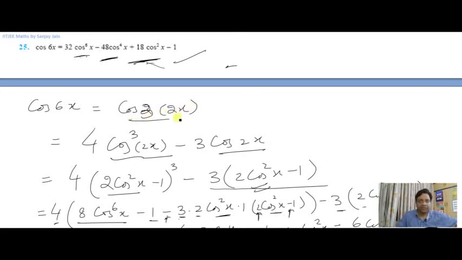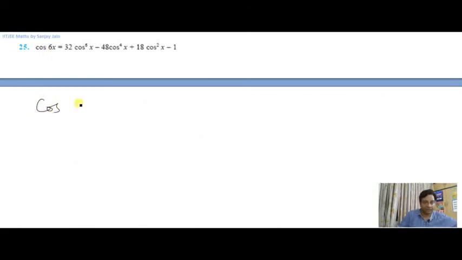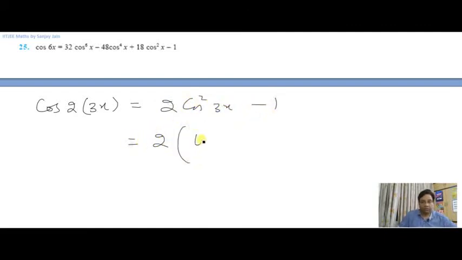Some of you can try it like this: cos 2 3x, and then you write it as 2 cos square 3x minus 1. Now you simplify this, and then you just have to do a square. So let us try this way also and see whether it is simpler or not. So cos 2 3x will be 2 cos square 3x minus 1, and this will be equal to 2 into 4 cos cube x minus 3 cos x squared minus 1.